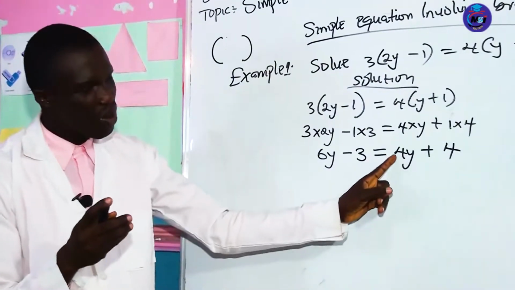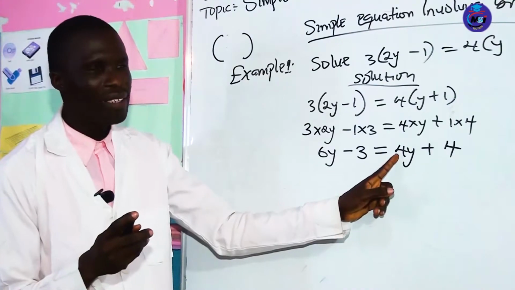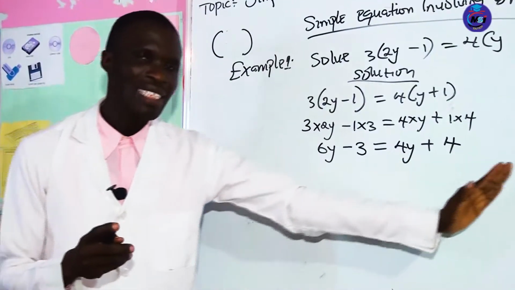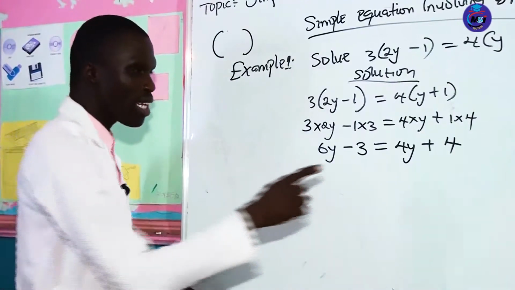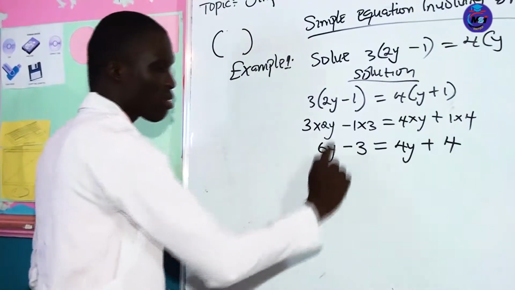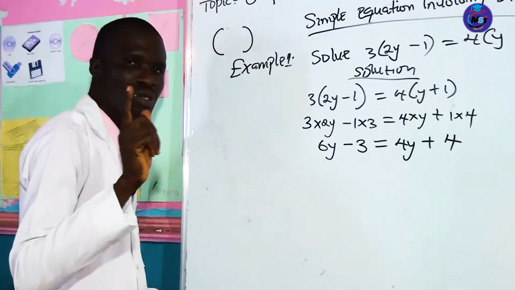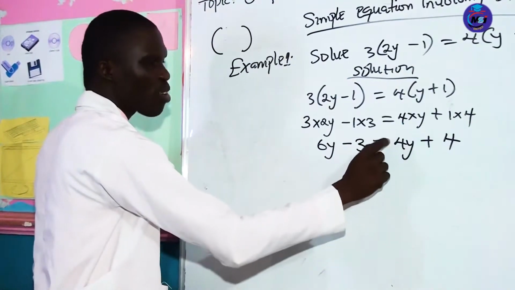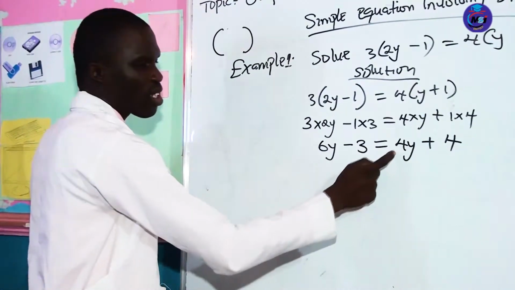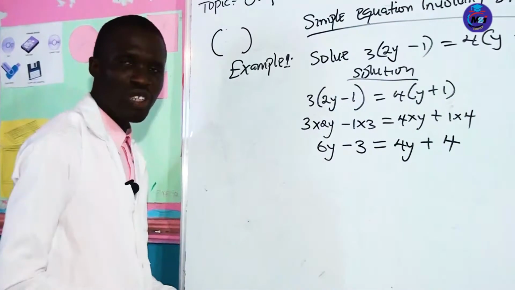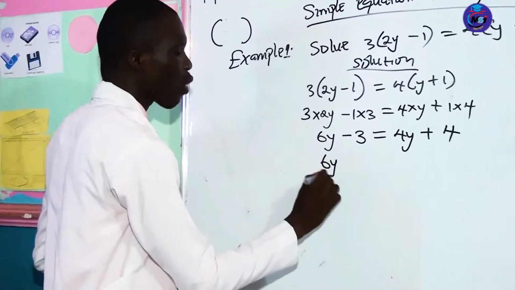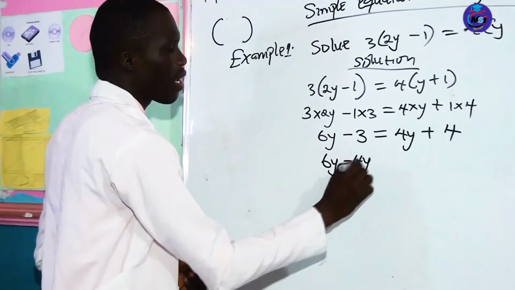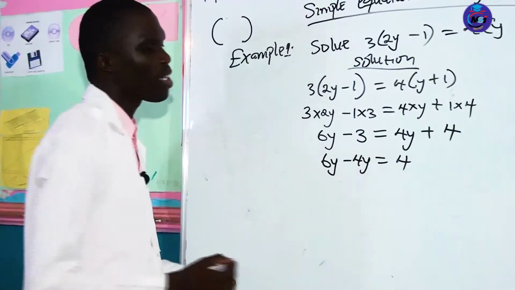So you have to move this 4y from this side to this side. There is plus here. When it crosses to this side, it changes to minus. Therefore, you have 6y minus 4y equals to 4.